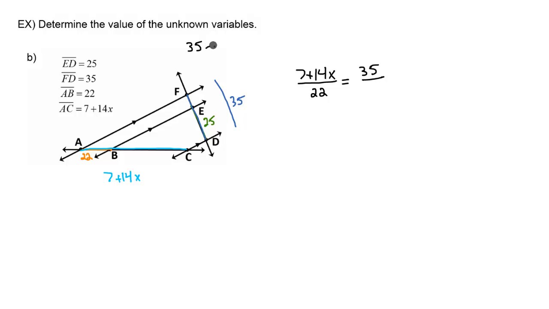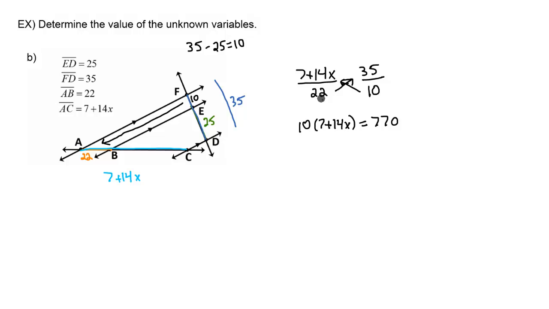So 35 minus 25 is 10, and I'm going to put that right there because FE is 10, and that's the opposite side of this 22 over here. So I need to cross multiply now, right? So I start off by doing 10 and multiply that by the 7 plus 14x. And then 22 times 35 is going to be 770, right?